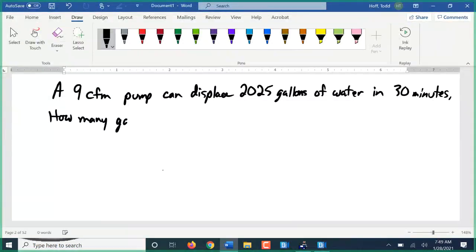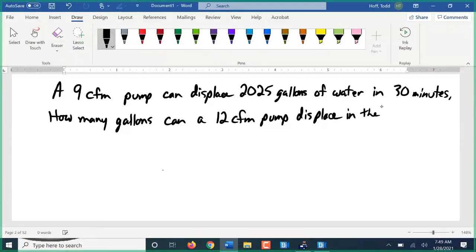How many gallons can a 12 CFM pump displace in the same amount of time? We'll just say in the same time.